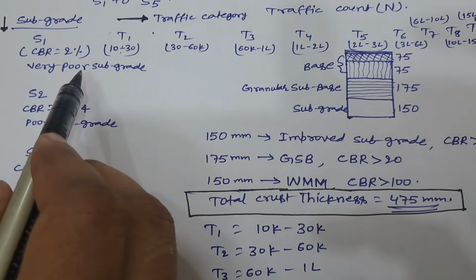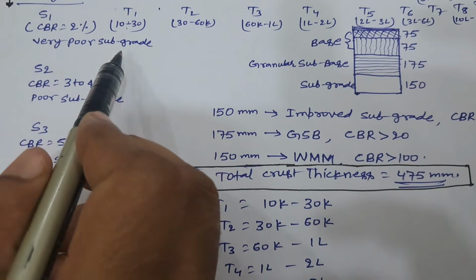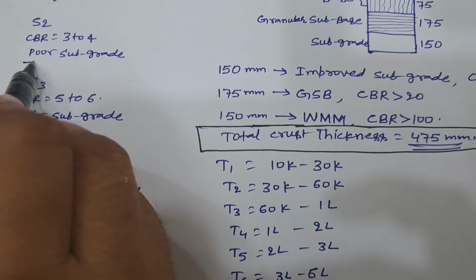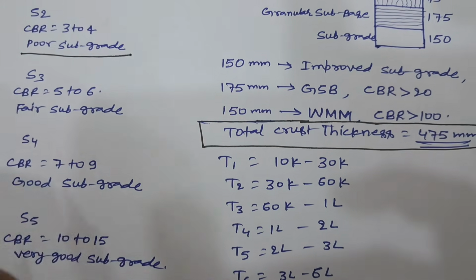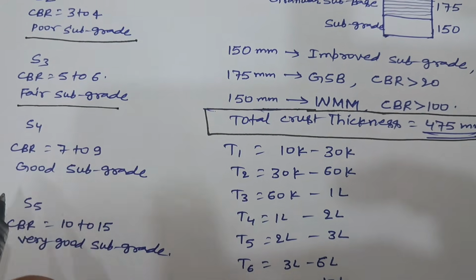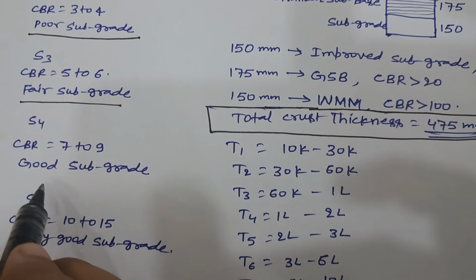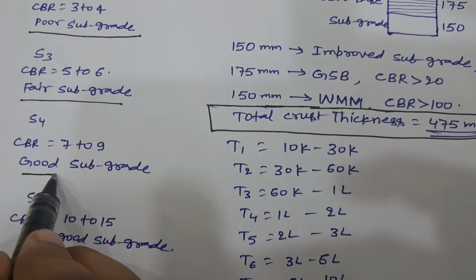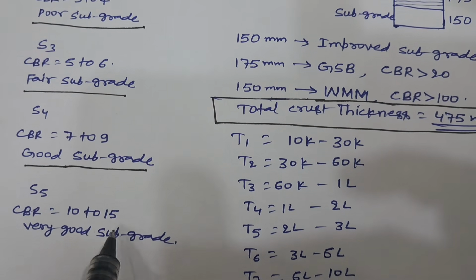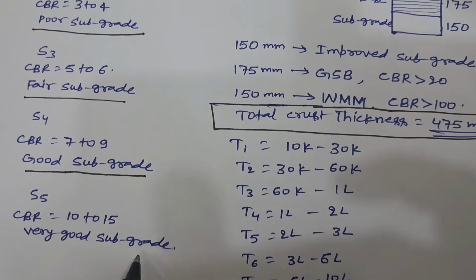If CBR value is 2%, it is considered very poor subgrade, and if CBR is 3 to 4%, it is considered a poor subgrade, and if CBR value is 5 to 6%, it is considered fair subgrade, and if CBR value is 7 to 9, it is considered a good subgrade, and if CBR value is 10 to 15, it is considered very good subgrade.